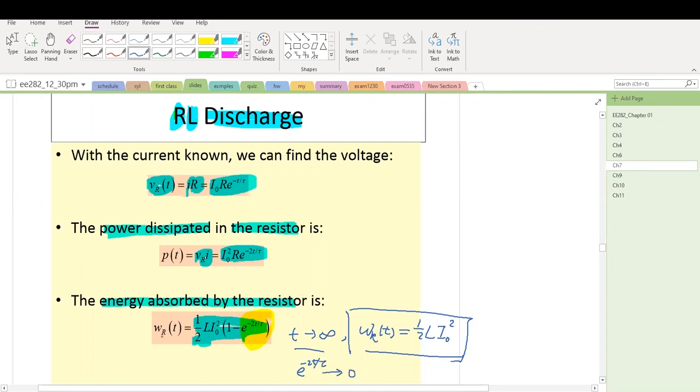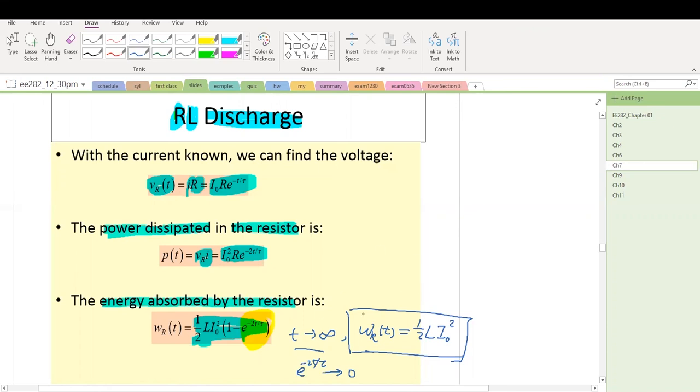So therefore, as time goes to infinity, the energy absorbed by the resistor is half L multiplied by I0 squared. And this is exactly the energy stored initially at the inductor.